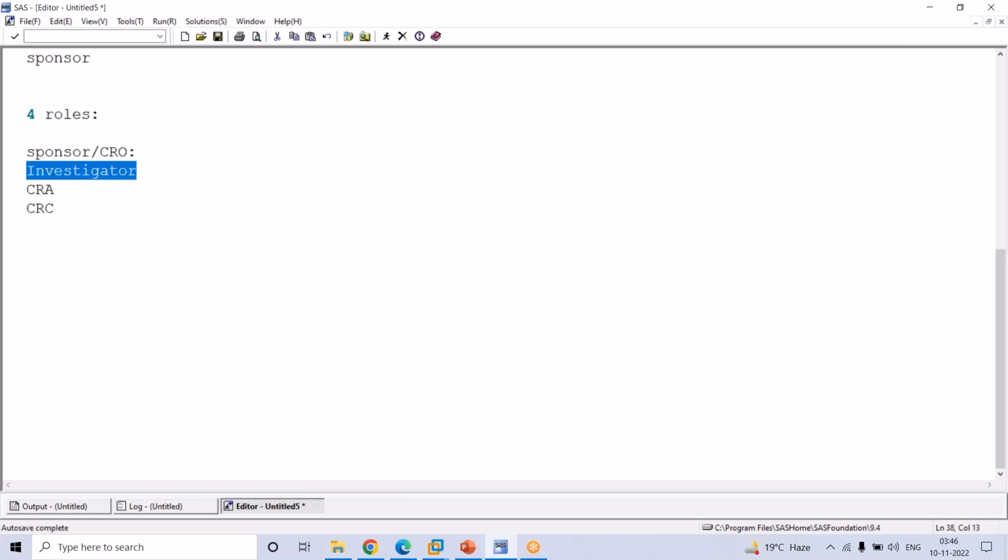On behalf of the sponsor, the CRA will visit the site, check all the details at the site, prepare a report, and communicate that report to the sponsor.